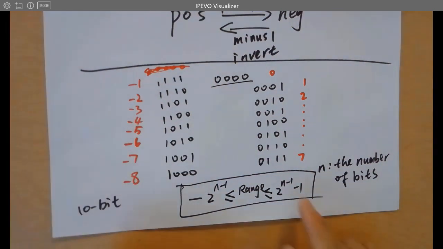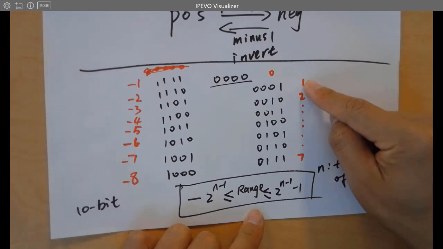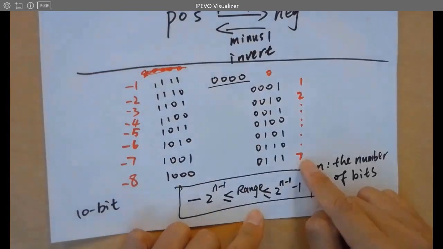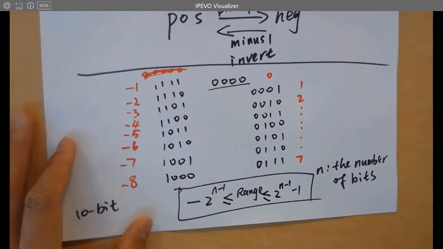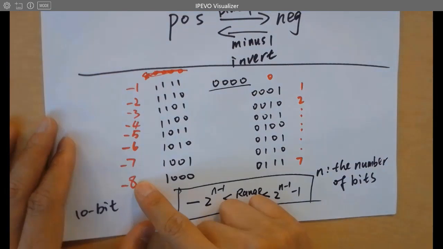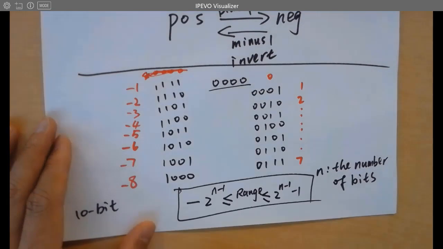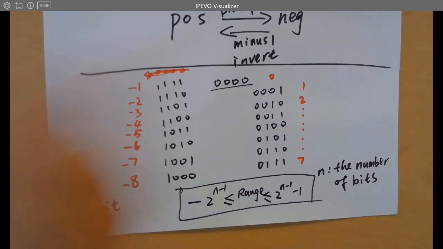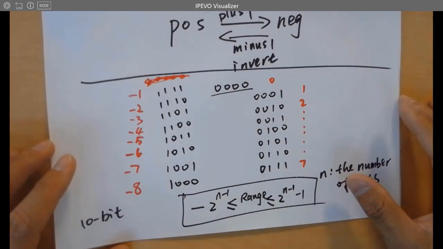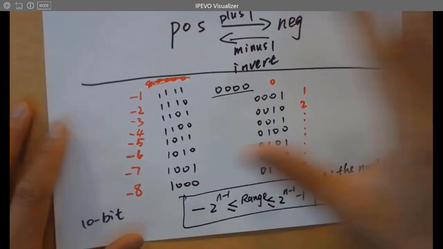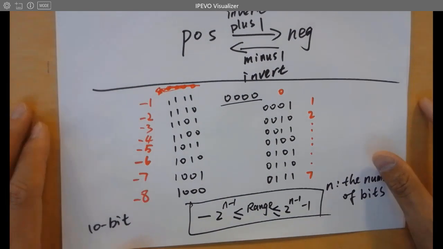We use 1 to 7, or you can say 0 to 7, but 0 is 0. So 1 to 7 are positive numbers, and minus 1 to minus 8 are negative numbers. So we just divided the entire number range into 2 halves. This half is being used for negative numbers, and this half is being used for positive numbers. That's a strategy, and it's the only way we can do it. I mean, if you're more talented, you can think about another way to do that, but I don't know. The current computer is based on this 2's complement number system.